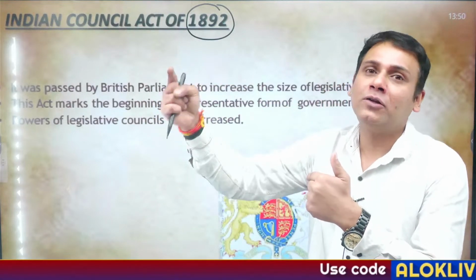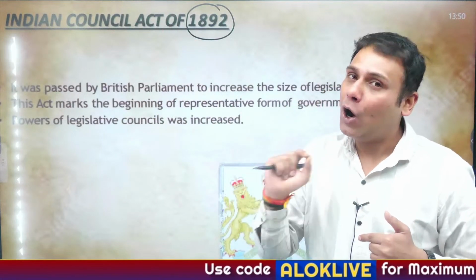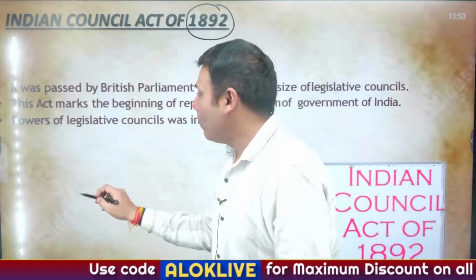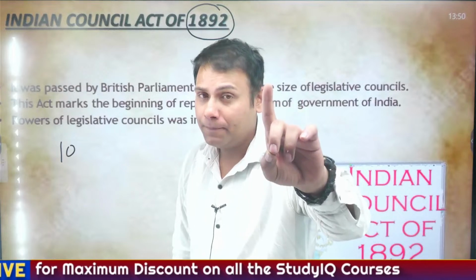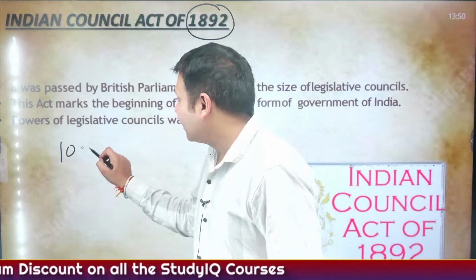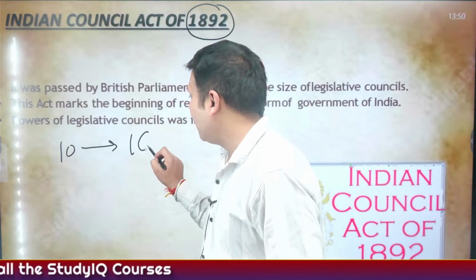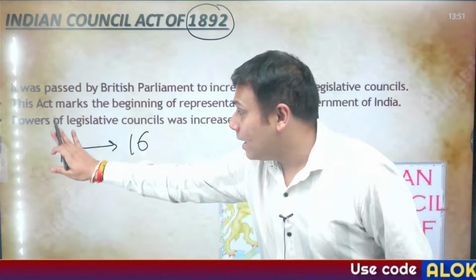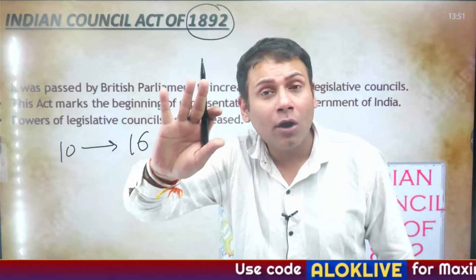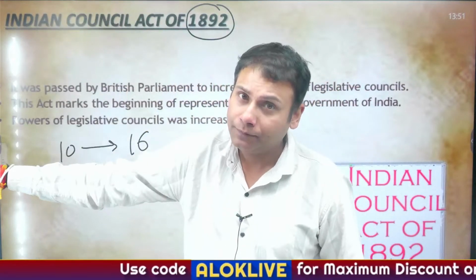indirect elections for the first time. How? The minimum number of members in the Imperial Legislative Council would be 10, and the maximum number would be 16. These 10 or 16 are not directly elected.